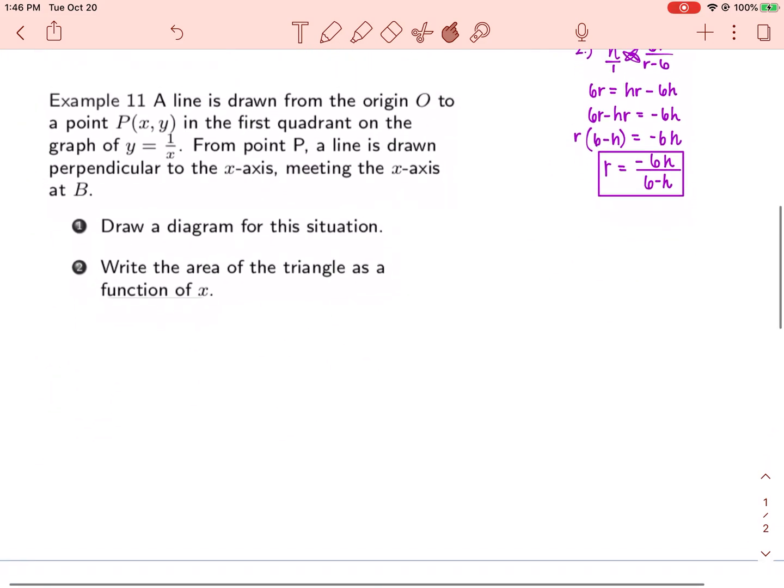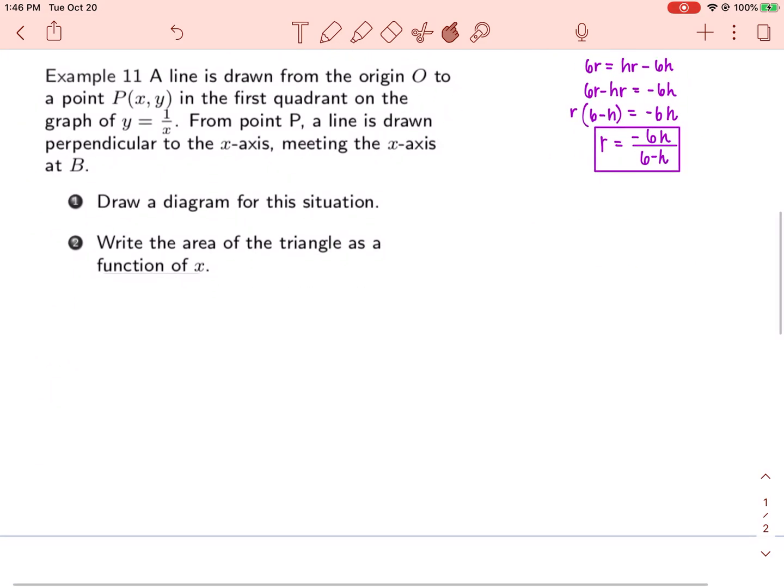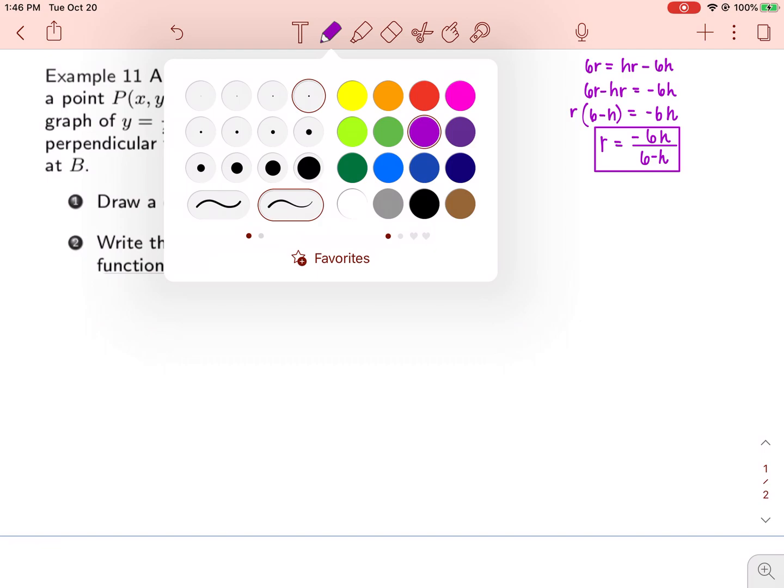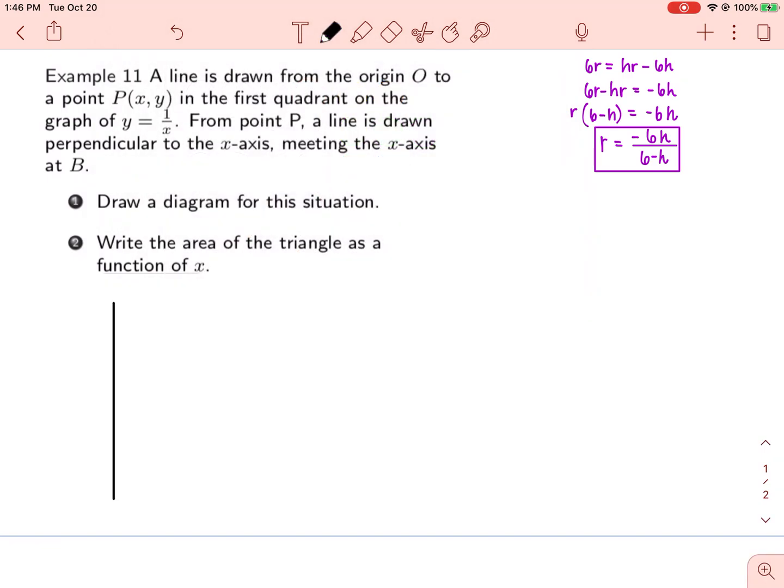Number 11. A line is drawn from the origin O to the point P(x, y) in the first quadrant on the graph of y equals 1 over x. Okay, I'm going to start a picture. We should know what that graph's going to look like. Right, we've done this before. It's going to look like this. We're just talking about the first quadrant, so we only care about that one.